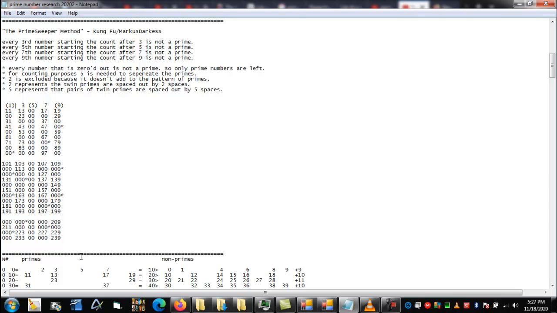But once I saw Marcus's stuff, I just call him Marcus, his video where he was talking about counting every 3 spaces after 3 and after every number you land on, you start seeing that you're landing on non-primes. Instead of finding a pattern of landing on primes, it was about finding the non-primes, and then by default, since you're zeroing out all the non-primes, whatever you'll see left will be the primes, which is the Minesweeper idea, right?